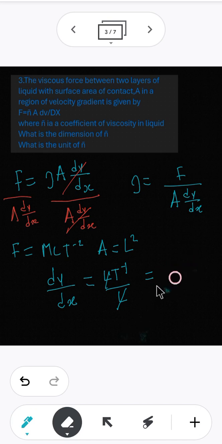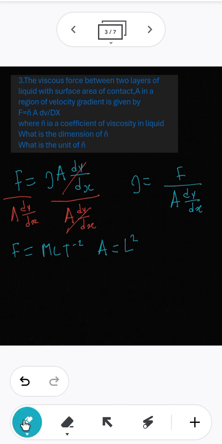So for our velocity gradient, the v over x is going to be T raised to power minus 1. Now I simply substitute each of the dimensions for their actual quantity.